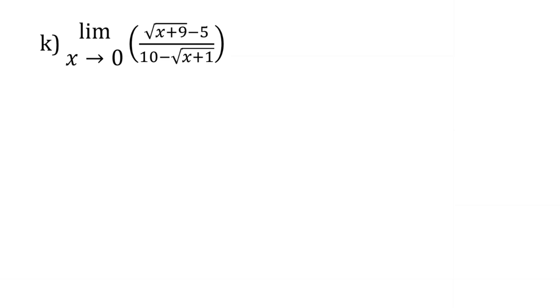Those were our strategies, and we did them over and over and over again. And we get a question like this and we say, I know the strategy. It's multiply by the conjugate. Then it doesn't work, and then you're stuck. And what you forgot was we only need those strategies if the limit is indeterminate. And this limit is not indeterminate.